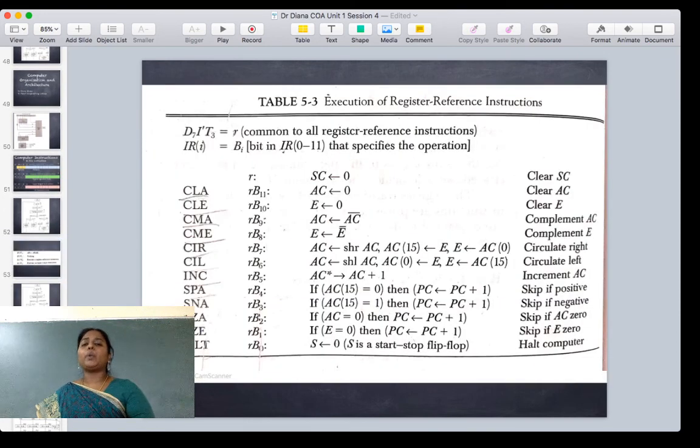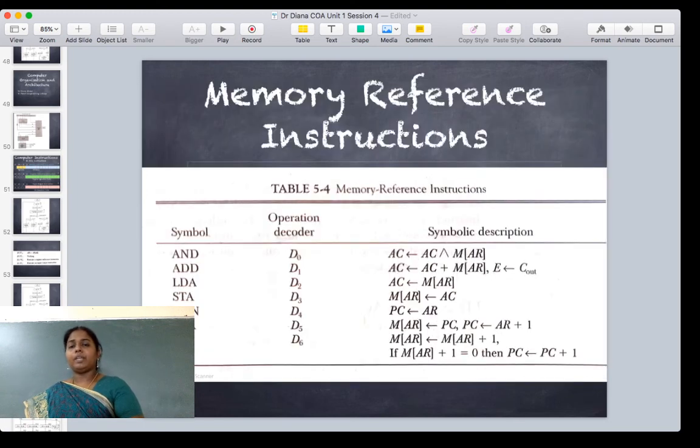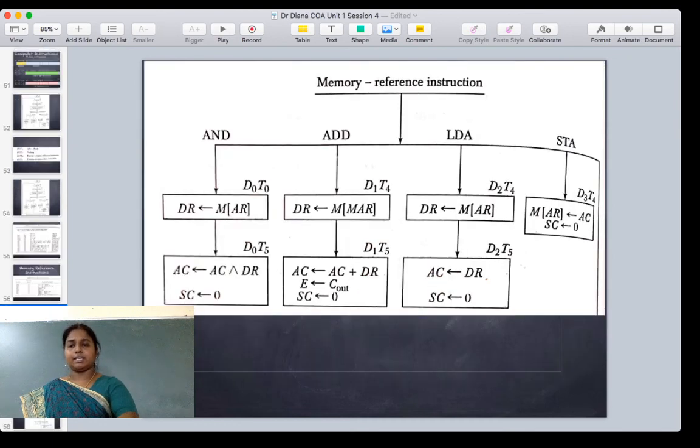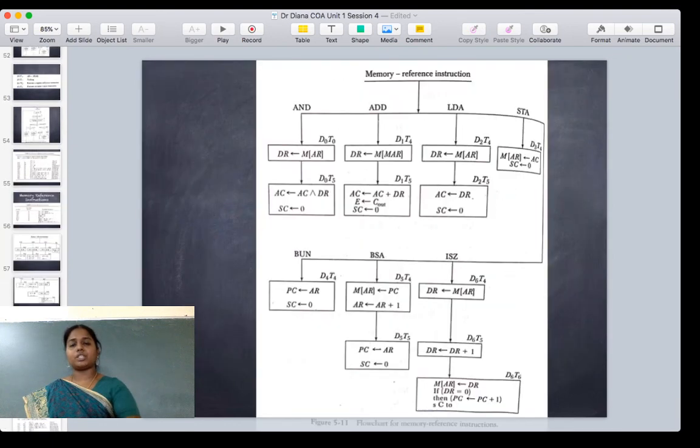We have seen 12 different register reference instructions which happen at D7I'T3, and 7 different memory reference instructions operated based on the values of D0 to D6 from time cycle T3 to T6. Some of the instructions consume up to time cycle T6.